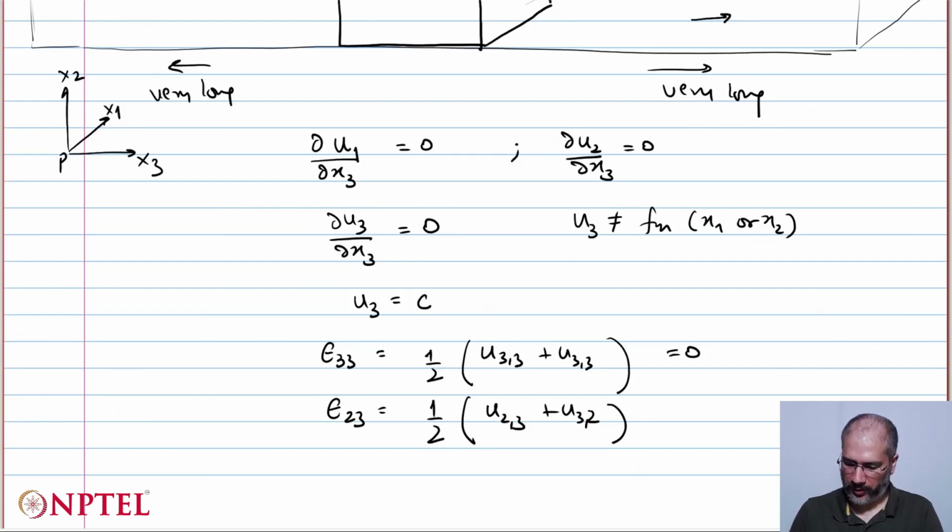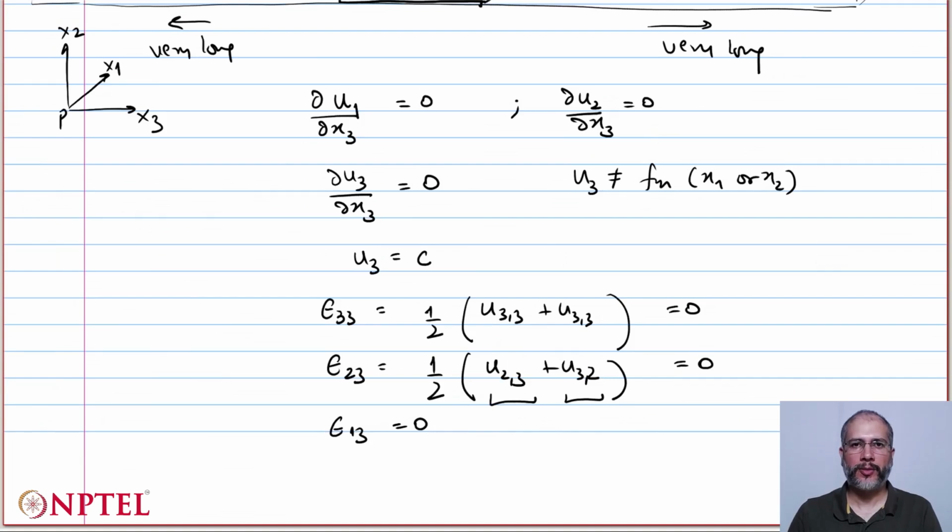And since we said that u2 is not a function of x3 and u3 is a constant, this becomes 0. And in a similar fashion, epsilon 13 will also be 0. So this is our plane strain situation for an extremely long bar because of the symmetry along the x3 direction in this case.